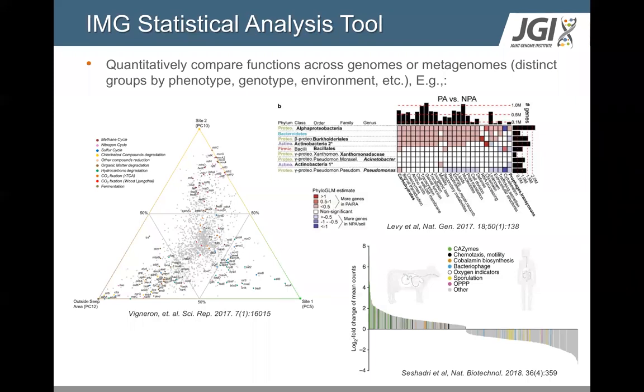And Levy et al., this is a really good example because they used 5 independent statistical tests to arrive at their inferences. And so what you're seeing here really is a comparison based on PFAMs, where they looked at differentially abundant genes assigned to PFAMs.